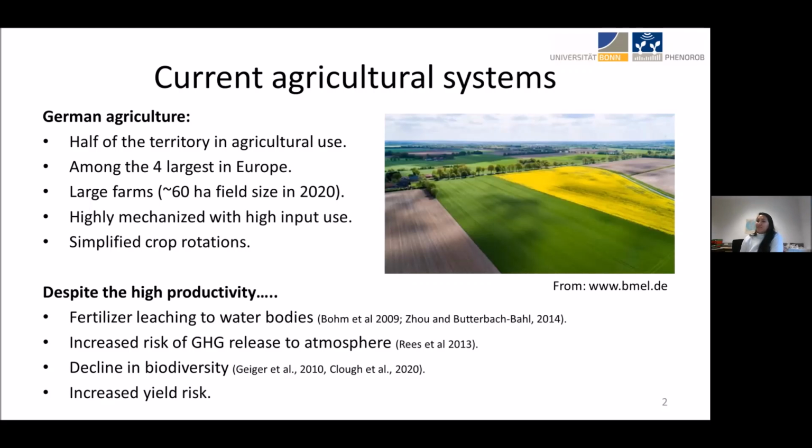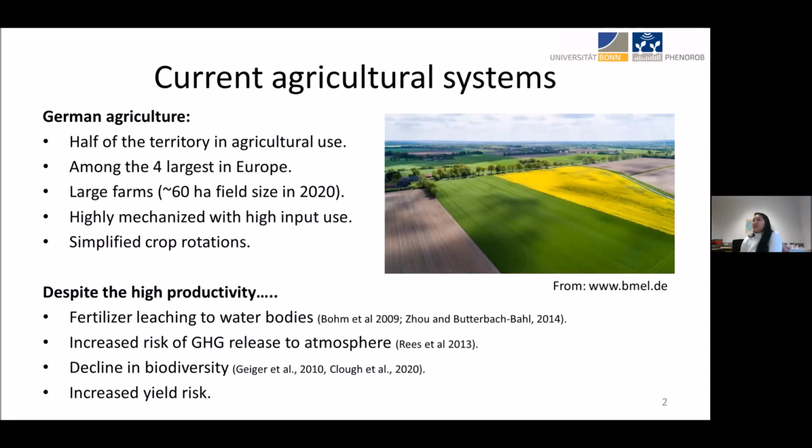For example, fertilizer leaching to the water bodies, which is a major concern, but also the increased risk of greenhouse gas release to the atmosphere, particularly nitrous oxide, which typically increases with the application of nitrogen fertilizer, but also a high concern about the decline of biodiversity as we have increased the intensification in agriculture and also the larger field sizes.